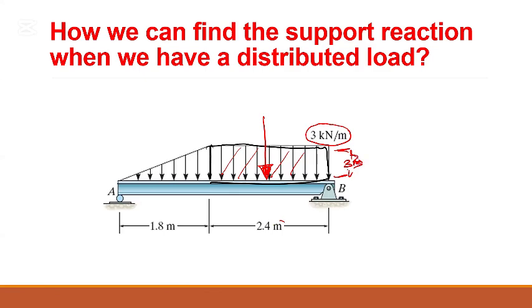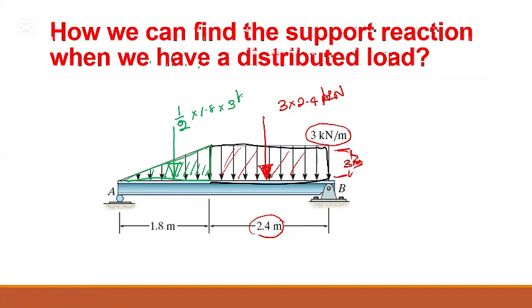3 is this height. So if you multiply this 3 by 2.4, that will give you the area. So this will be 3 times 2.4 kilonewtons. And for a triangle, it is the same. If you consider the triangle's area, that will be half times base times the height, and the height is 3.